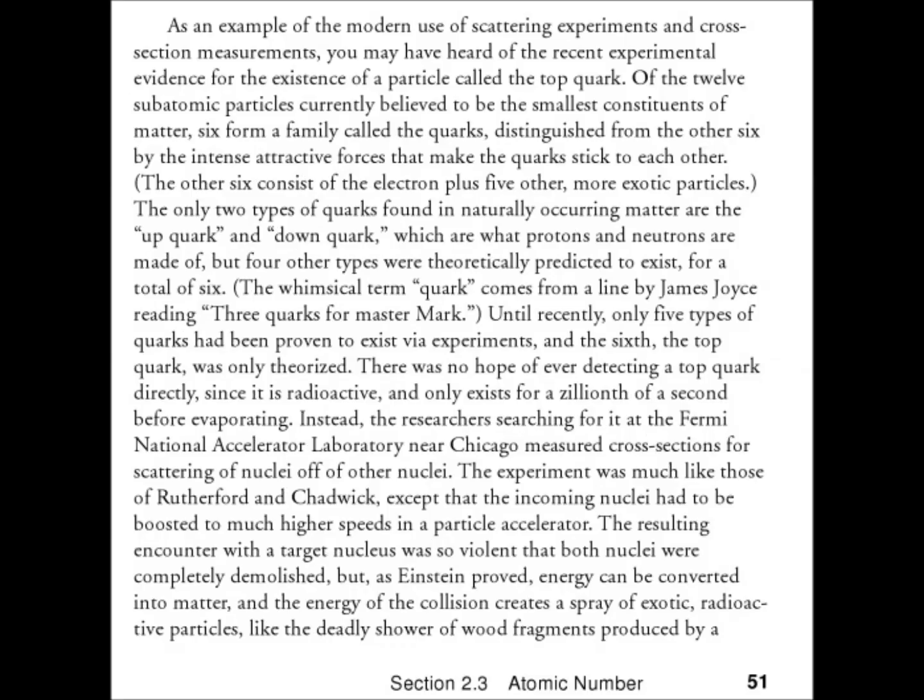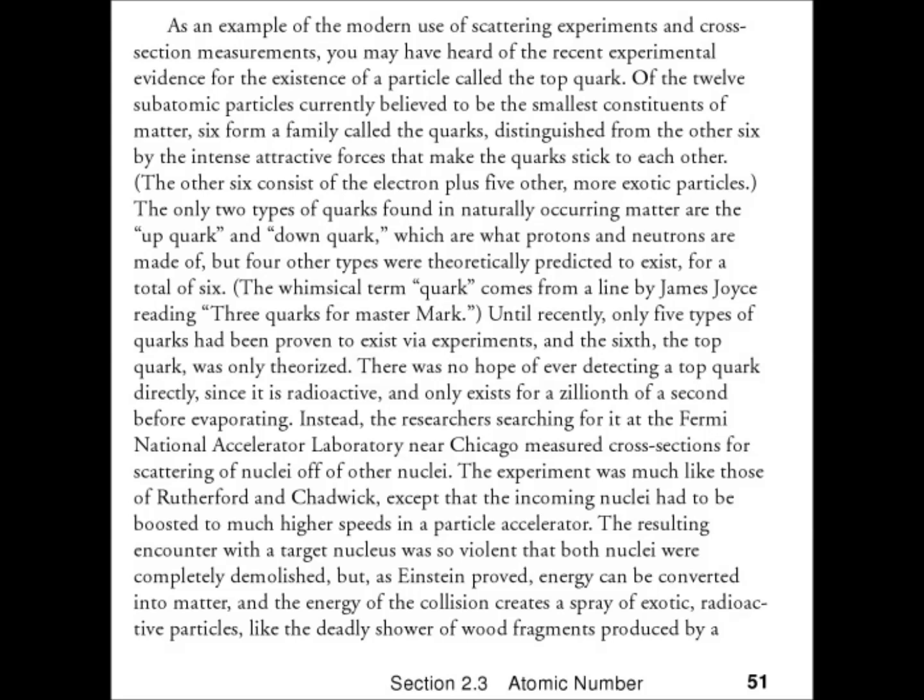As an example of modern use of scattering experiments and cross-section measurements, you may have heard of the recent experimental evidence of the existence of a particle called the top quark. Of the 12 subatomic particles currently believed to be the smallest constituents of matter, 6 form a family called the quarks, distinguished from the other 6 by the intense attractive force that makes the quarks stick to each other.